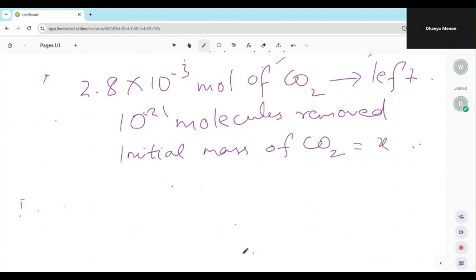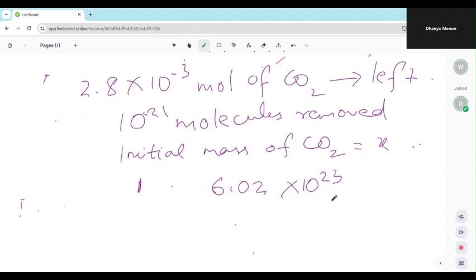So we know 1 mole contains the Avogadro number of particles, 6.02 times 10 raised to 23. It's given in the question as 6.02, so take whatever value is given in the question.